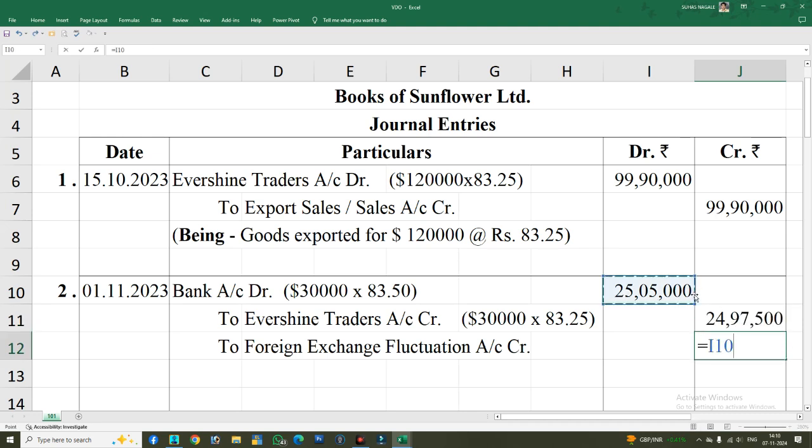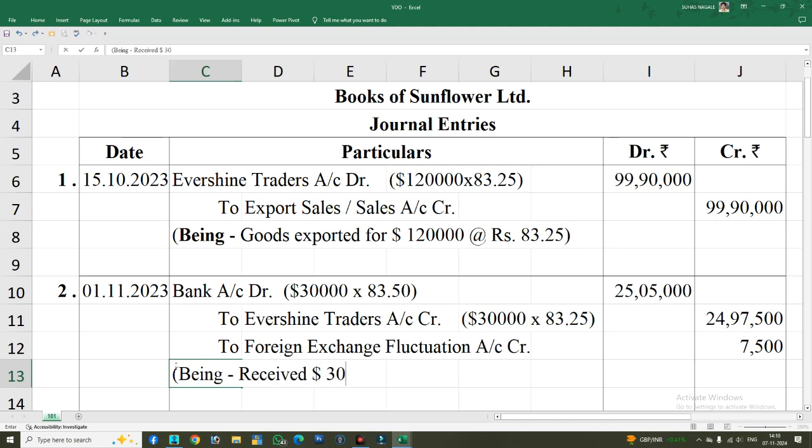Difference between the two, that is profit 7,500. Write the narration. Being received $30,000 at rupees 83.50. We have to record the current rate 83.50.